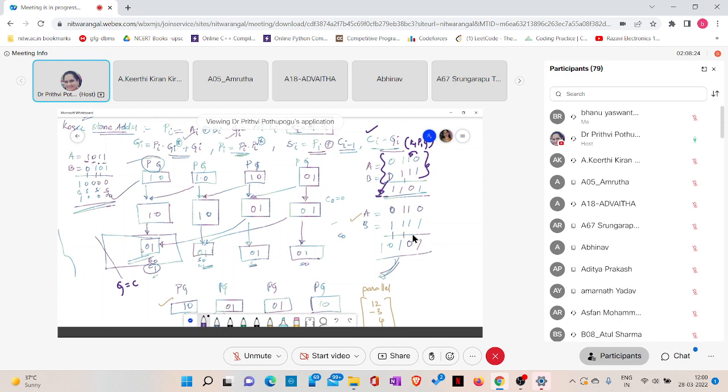The sum and carry values are evaluated once all the stages are stabilized. Stability means that until we get the final neighbor of every stage, we keep evaluating propagate and generate.